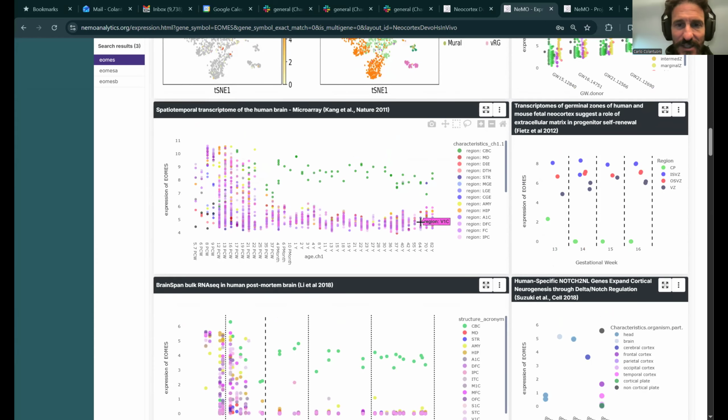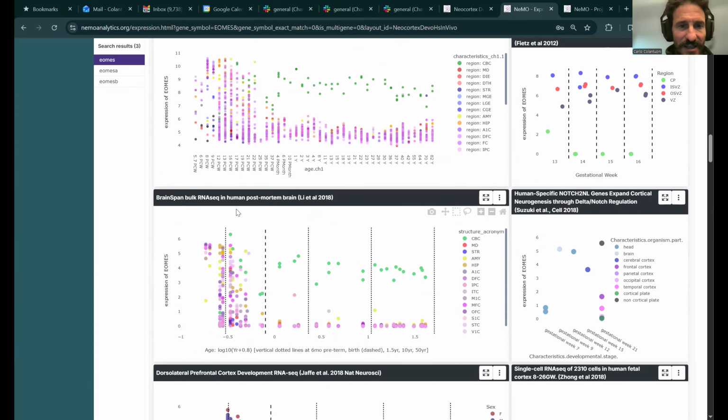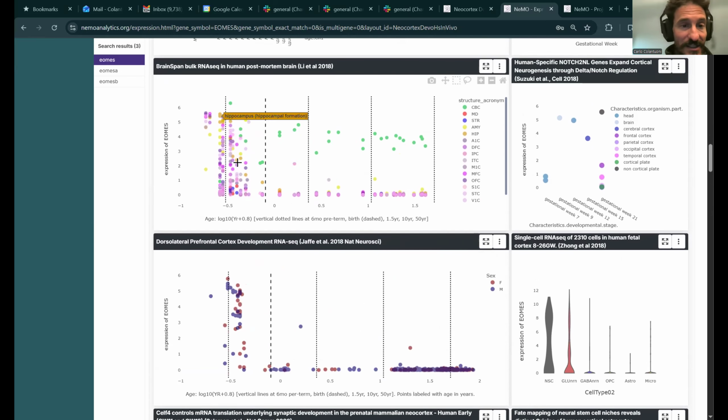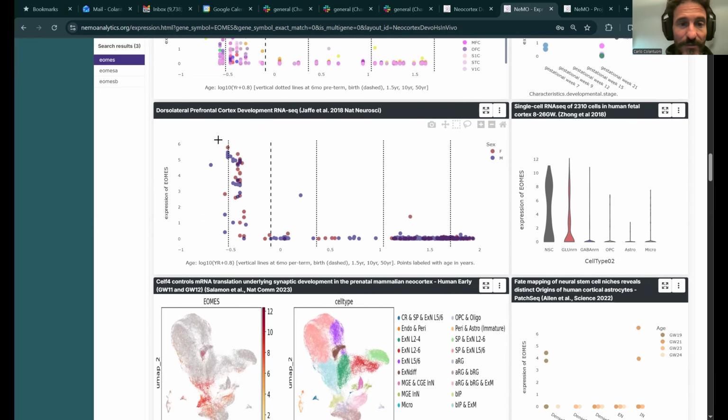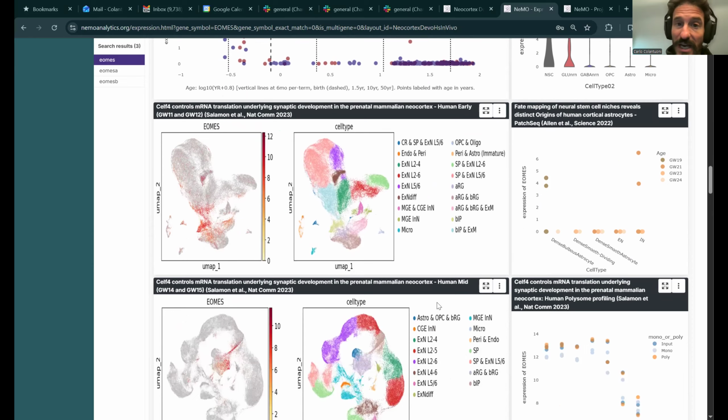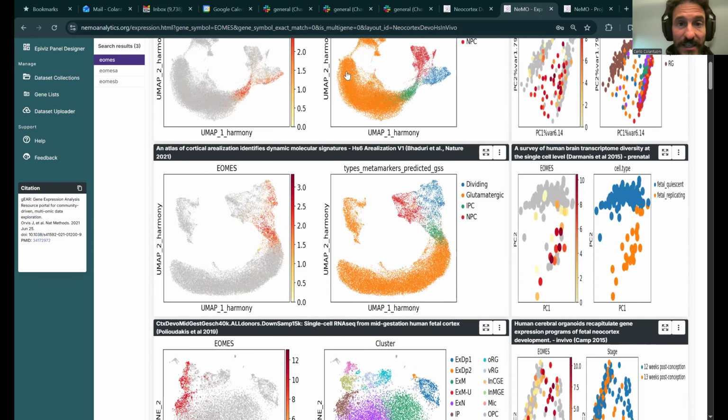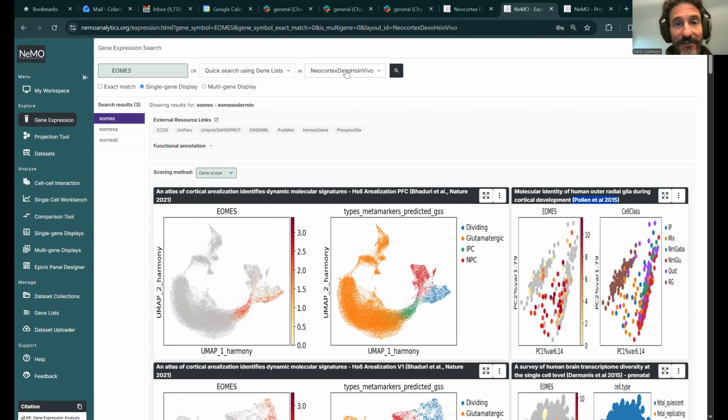Bulk RNA sequencing across the human lifespan. This is BrainSpan, many regions, many ages. This is from the Lieber Institute, bulk RNA-seq in the DLPFC. And as you can see, there's just a lot of data out here. And this is really our effort to get it in the hands of as many people as possible. For people without coding skills, you can type in a gene.